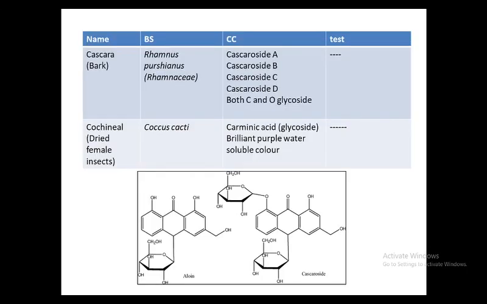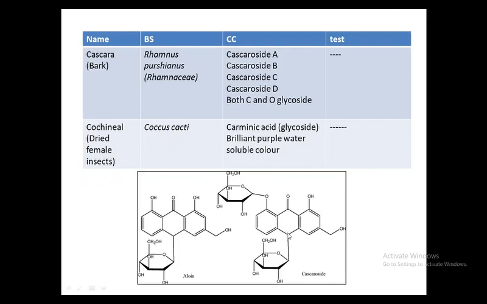Next, glycosides, that is cascara. These are obtained from the bark of Rhamnus purshiana, belonging to family Rhamnaceae. The chemical constituents: these contain the glycosides known as cascaroside A, cascaroside B, cascaroside C and cascaroside D. The most important thing here, this cascaroside is a type of both C and O glycosides.